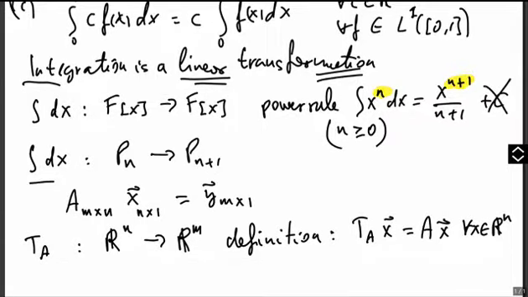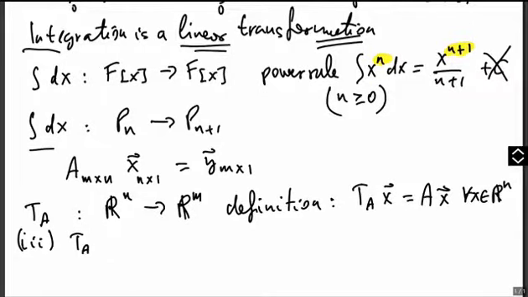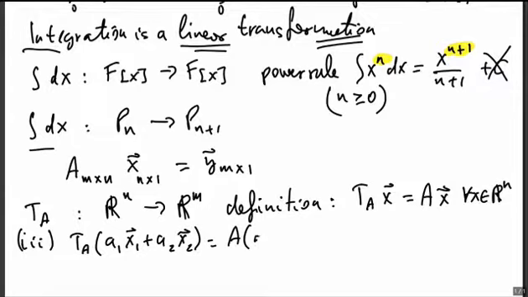And then if we want to check the property of linearity, third property can be checked immediately. What we get is that this transformation applied to a1 x1 vector plus a2 x2 vector, for example, that's just a matrix multiplication with the vectors a1 x1 plus a2 x2.